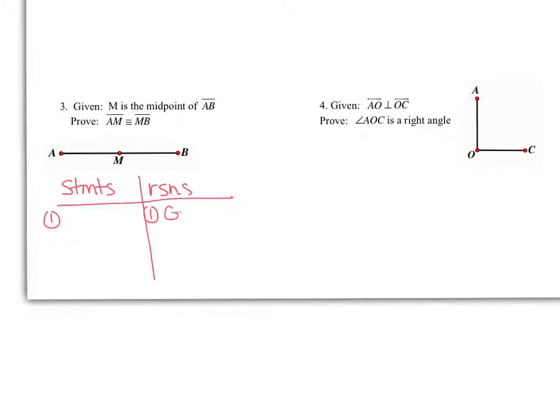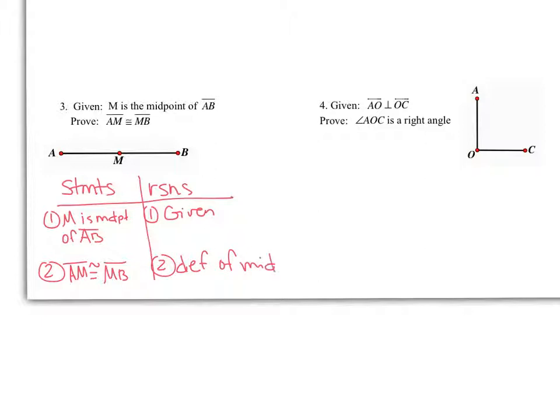So we know the first reason is given. M is midpoint of AB. So hopefully if you paused and you did this, then you know you can jump right to AM is congruent to MB by definition of midpoint.